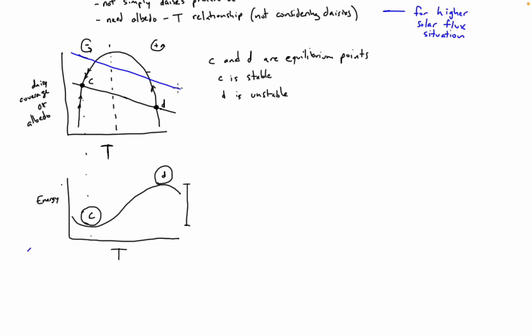So why did that happen? We forget about daisies and just say, if you're getting more, there's still going to be a relationship between albedo and the temperature of a planet, and it's going to have the same slope. So if your albedo is higher, you're going to have a lower temperature.